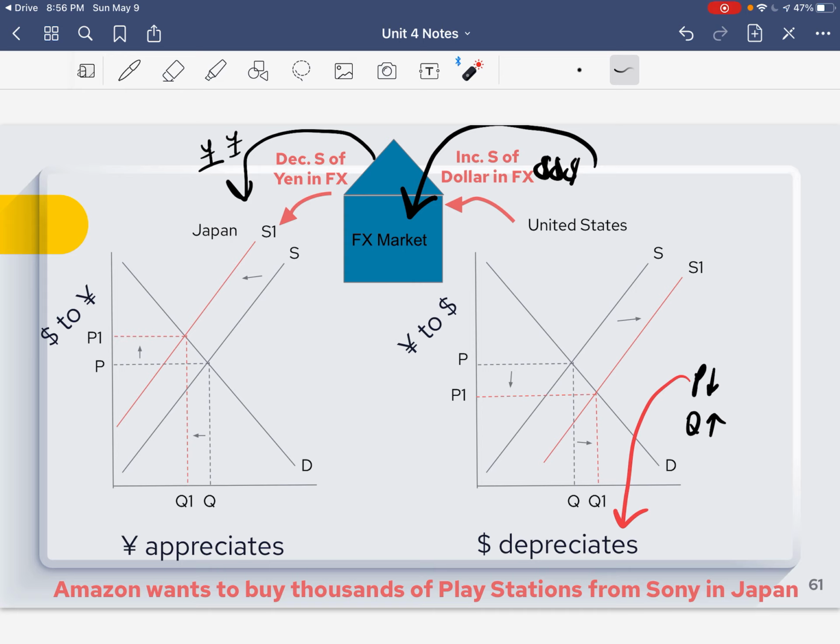So when supply decreases, that means that price goes up and quantity decreases. So the price of yen went up. It appreciated in value. And the quantity of yen decreased because the yen was going out of the bank and into the pockets of Sony. So it's no longer in this foreign exchange market.